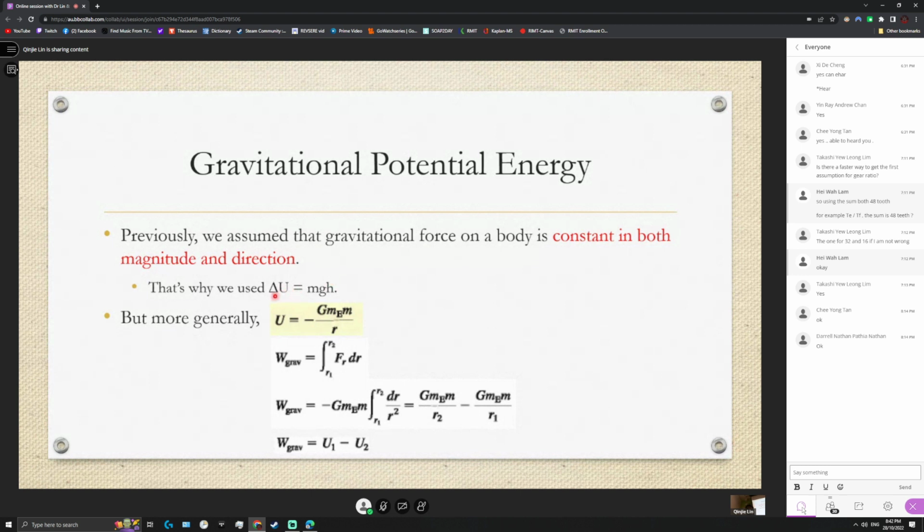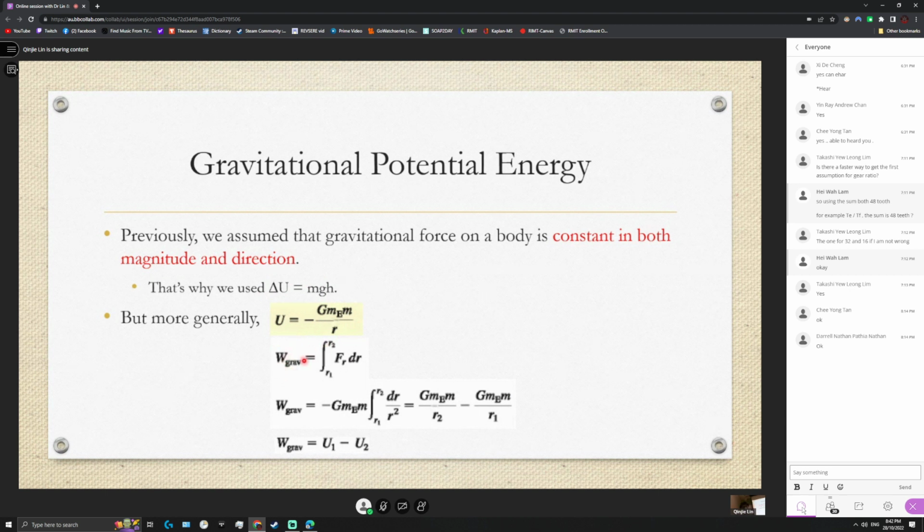So we cannot just assume the change in potential energy equals this, because the further we move away, the weaker the force is. The energy associated is very different. So we cannot simply make such assumptions anymore. So generally, it is given by this formula. Potential energy is actually minus GMm over r. Okay, minus GMm over r. This is our potential energy.